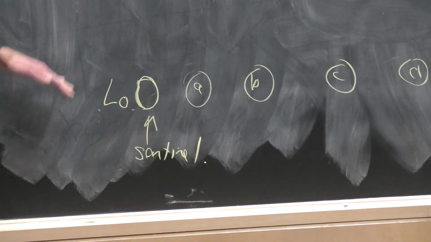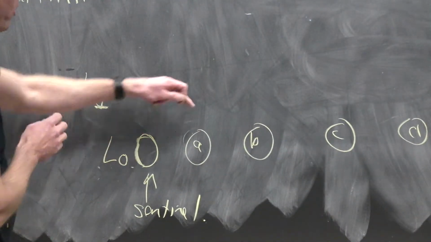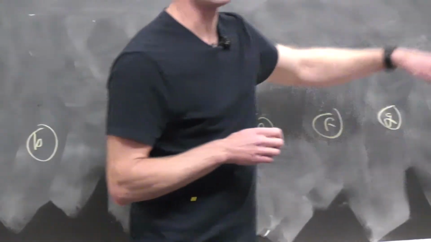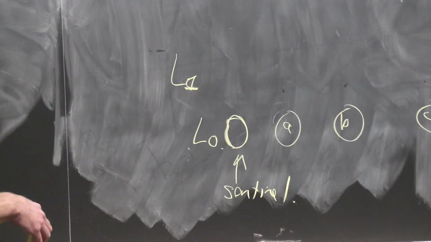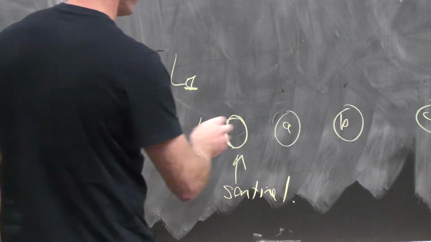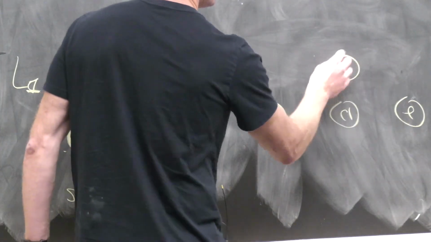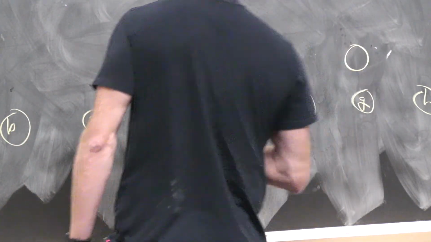And from L0, you make a list L1 by taking each node in L0 except the sentinel and tossing a coin. If the coin comes up heads, that node appears in L1. If it comes up tails, it doesn't come up to L1. So for example, you might get a heads, two tails, heads, heads, tails, heads.